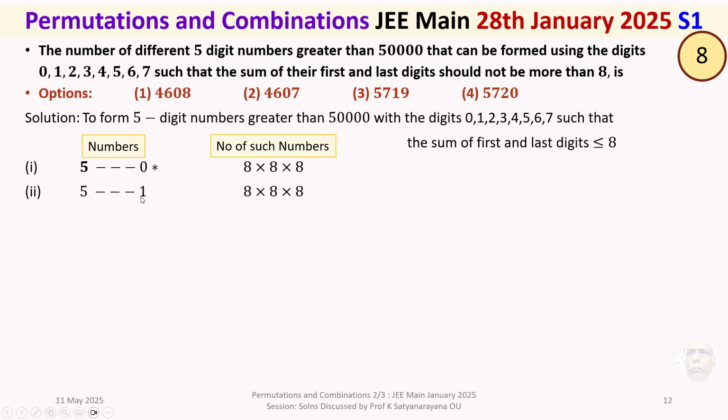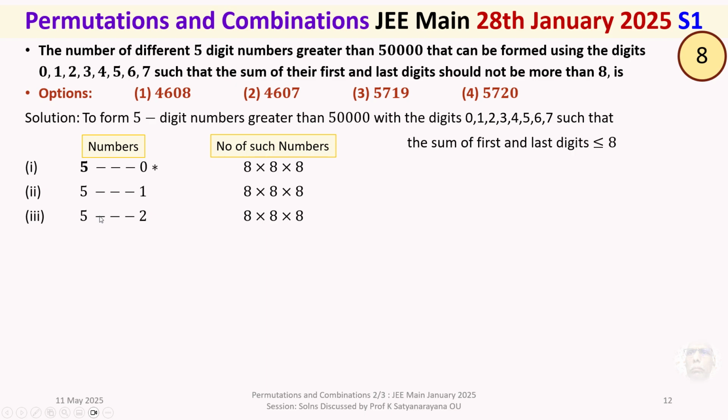Second, 5 and the last digit is 1. 5 plus 1, 6, less than or equal to 8. And 3 positions, 8 numbers, no conditions are given: 8 into 8 into 8. Third, 5, last position is 2. 5 plus 2, 7, which is less than or equal to 8.